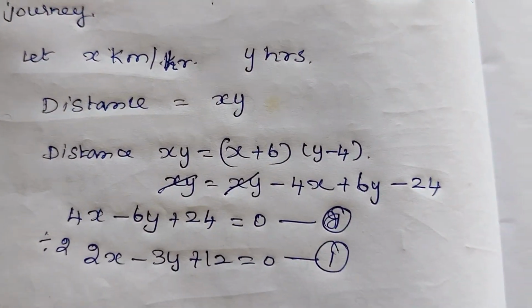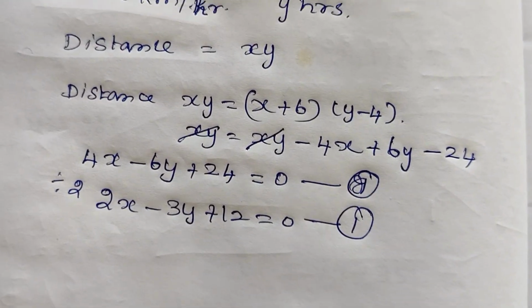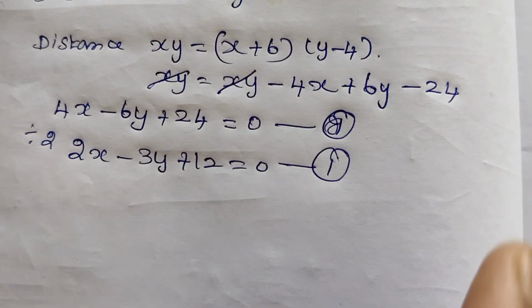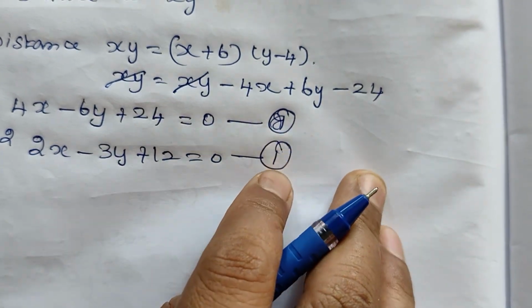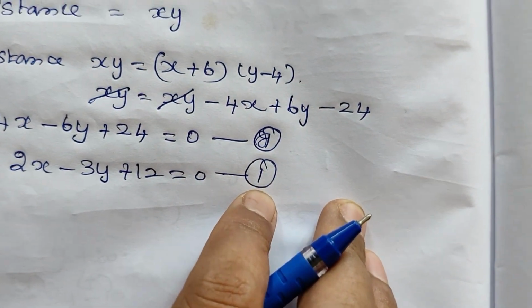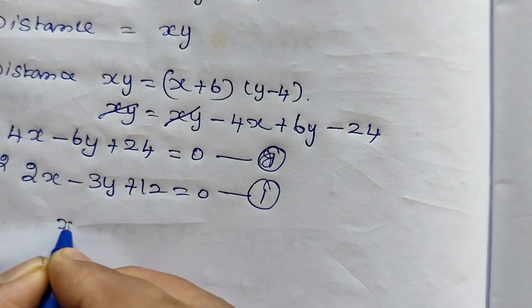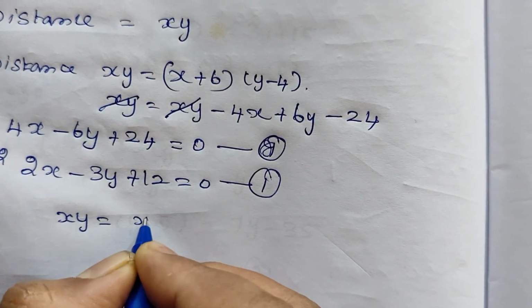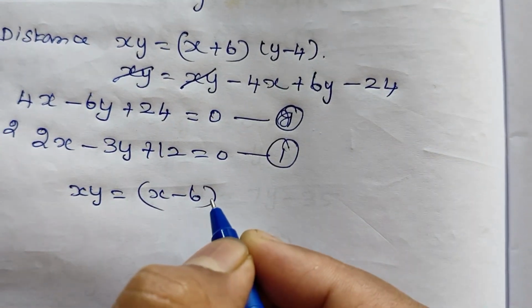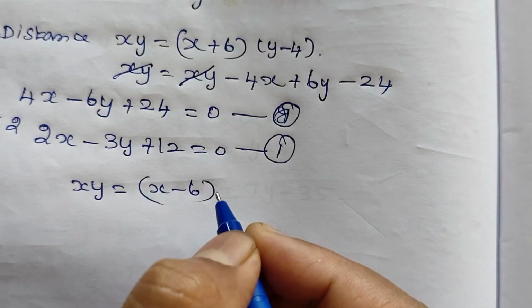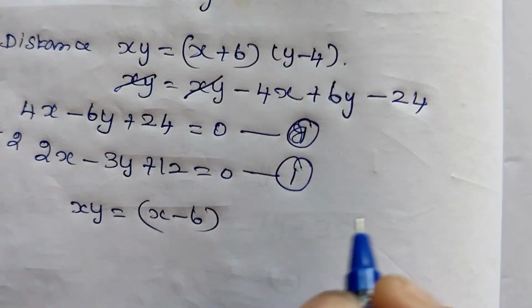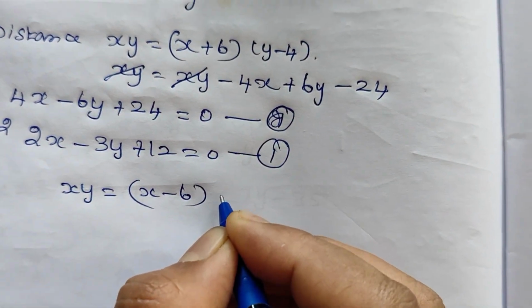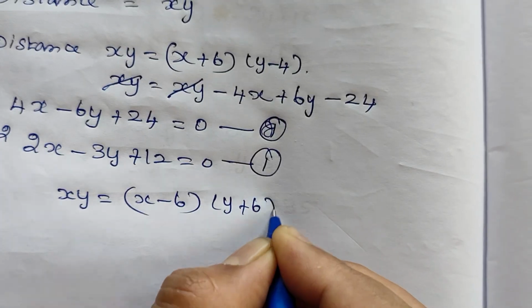Next, one more condition is given. What is the next condition? If the train was slower by 6 km per hour, it would have taken 6 hours more than the scheduled time. So x minus 6, y plus 6.